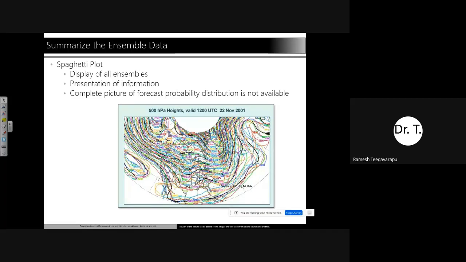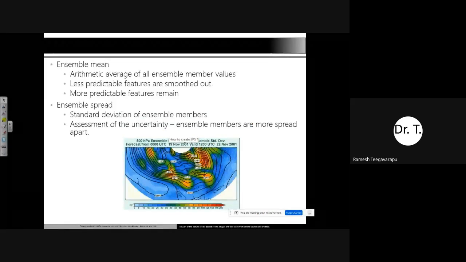It just gives you how, if all the models or all the initial conditions by the model are reproducing a similar type of forecast, you will not see so much variability in your spaghetti plots, so all the noodles will stick together. That's how it is. You can also get what we call the ensemble mean.